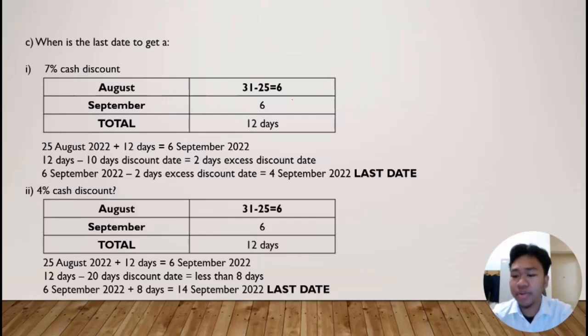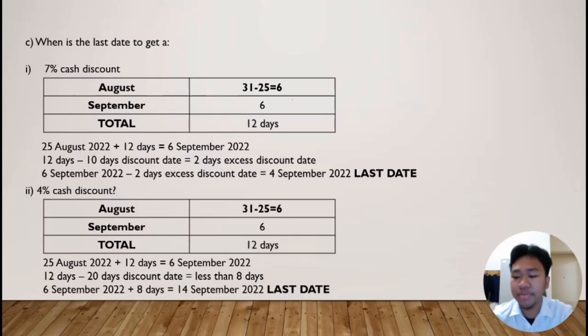Total day is 12 days. 25 August 2022 plus 12 days, so equal to 6 September 2022. 12 days minus 10 days discount, that's equal to 2 days excess discount date.